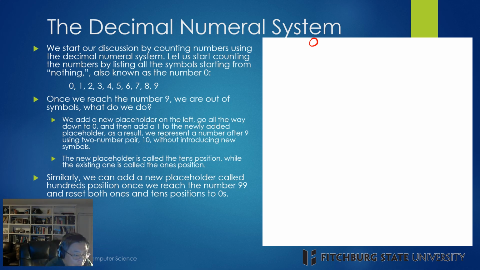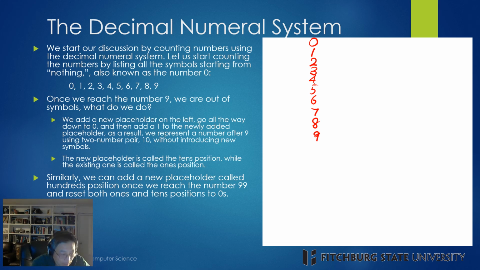So we count 1. Then we add 1 again on top of 1, so we get a 2. And add another 1, we get a 3. So we keep adding to the existing number. So we get 4, 5, 6, 7, 8, and 9.